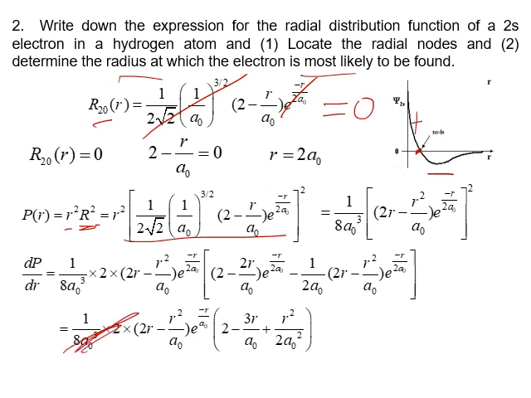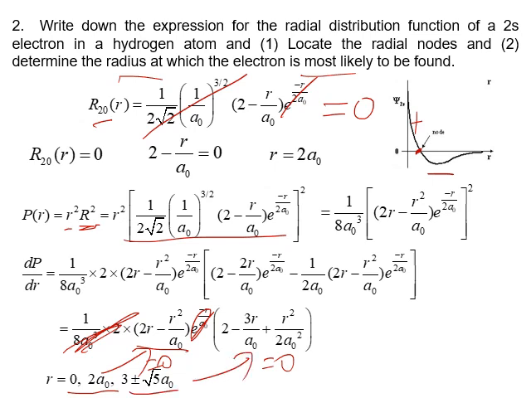Again, constant cannot be 0, exponential cannot be 0. So this can be 0, and this can be 0. So you have 2 solutions: 0 and 2a naught for this factor, and 3 plus minus square root of 5 a naught for this factor. So you have 4 solutions.